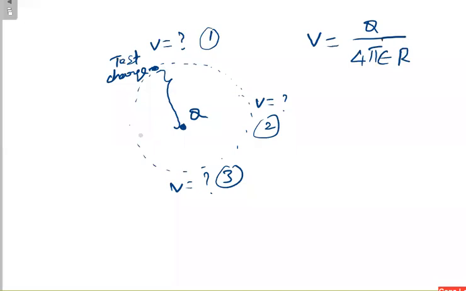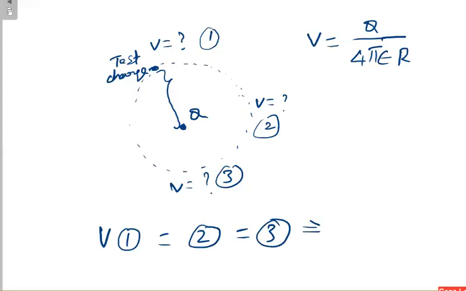If you move along the surface, go anywhere on the surface, your voltage will not change. So the voltage in case 1, case 2 and case 3 is the same. So this surface is called an equipotential surface. This is the idea for the equipotential surface.